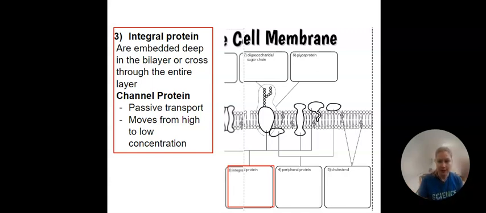So, for example, right here is a channel protein. Let me see, right here's another channel protein. I think there's one back over here, but I don't have this on my slide. But channel proteins simply allow for the passive transport of larger molecules from an area of high concentration to an area of low concentration.